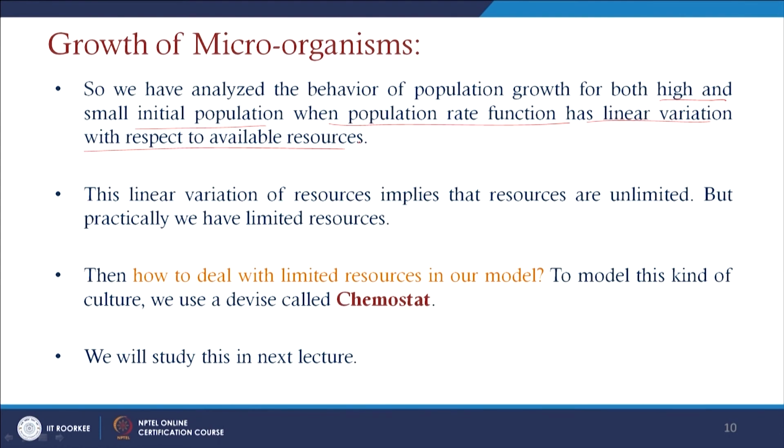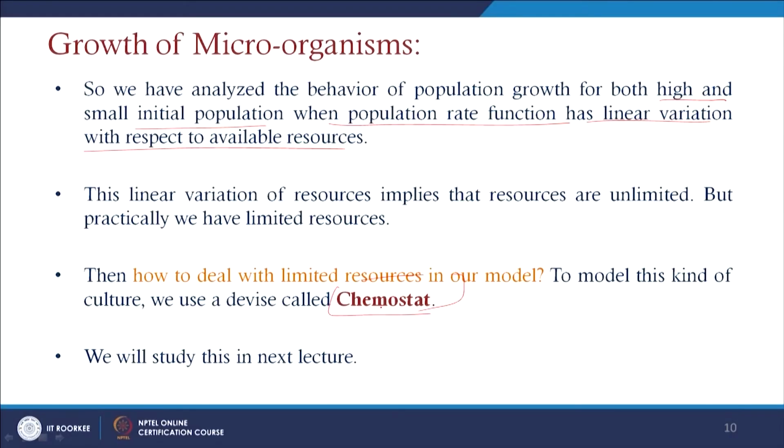To model this kind of culture, we use a device called a chemostat. We supply some food, and how this food is utilized inside the system and how the output comes out, the total process, is called a chemostat. We will discuss these things in the next lecture.